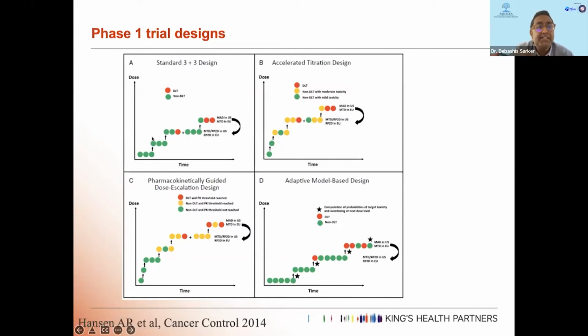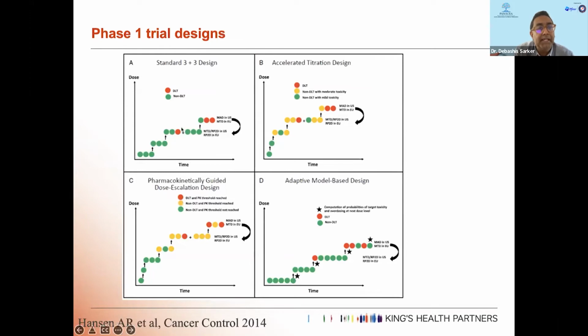In essence, you use cohorts of 3 patients and continue to escalate dose until you see a dose-limiting toxicity, defined here in red. If you see a dose-limiting toxicity, you then add a further 3 patients.